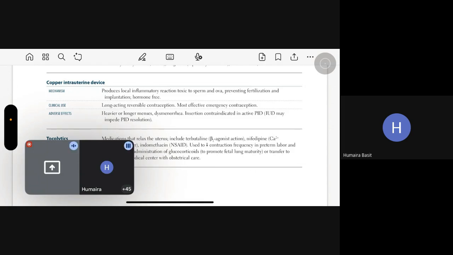If some patient has uterine fibroids, is that a contraindication also? Okay, so guys, there are three kinds of uterine fibroids. There are three layers of uterus. The number one layer of uterus is endometrium. The second is myometrium, and the third one is serosa, right?